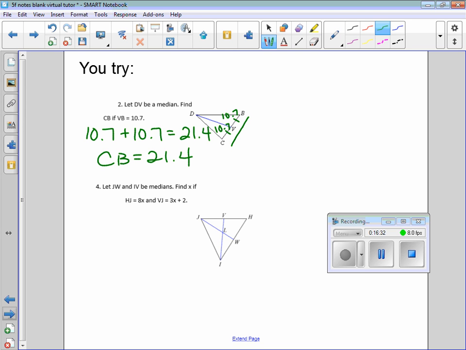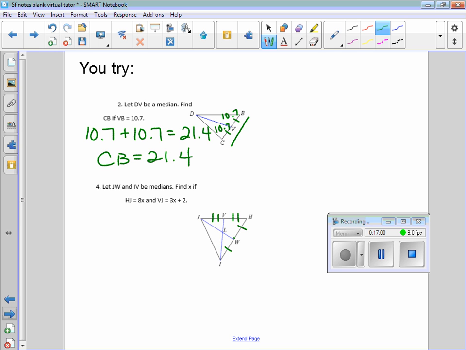In your next question, you have two medians. You have JW and IV. So looking at JW, it hits this side here. So we know that IW and WH are congruent. And given that IV is a median, we know that JV is congruent to VH.